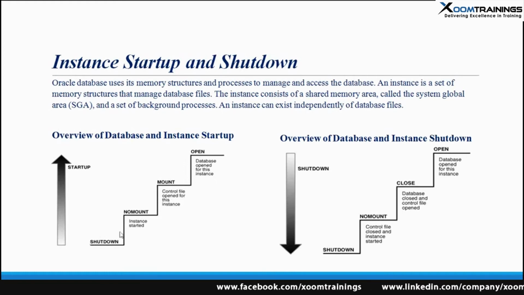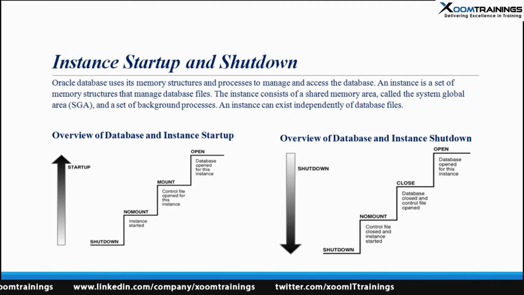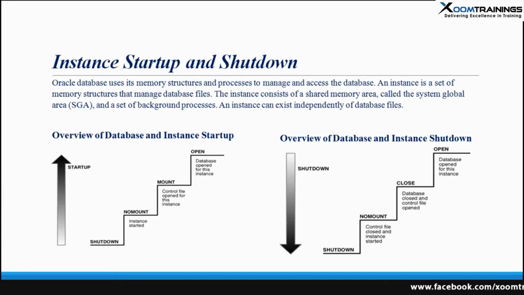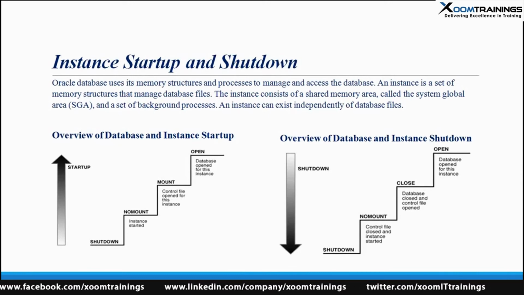So when we start up, what happens? First, the database goes to the no mount stage. What is the no mount stage? The no mount stage is the stage where the instance is started. After the no mount state, it goes to the mount state. In the mount state, the control file opens. What does the control file contain? As I mentioned, it contains the location of the data files. So the control file opens, and Oracle has the information of the data files. Now it goes to the open stage.